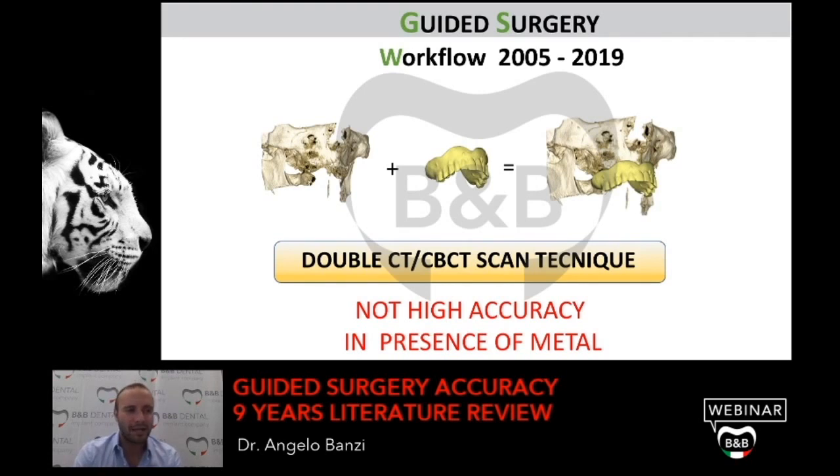Yes, because of the metal that we can find in prosthetic parts, or in the metal part of a removable prosthesis. Also the resin that we use to rebase the removable prosthesis can contain metal in the liquid part.